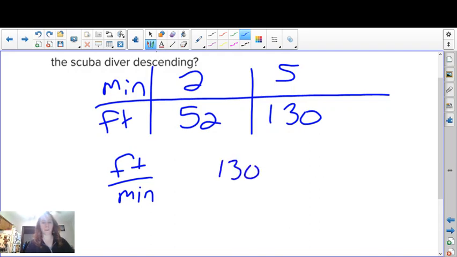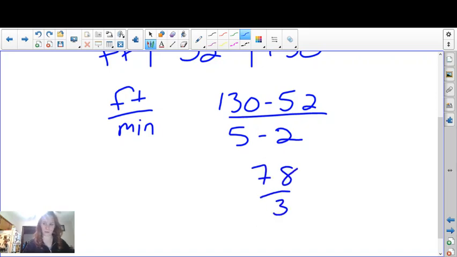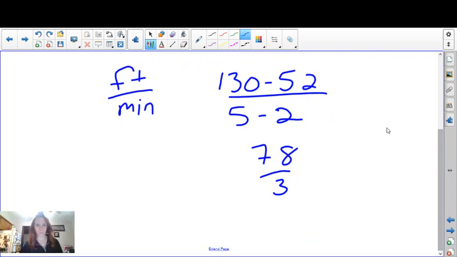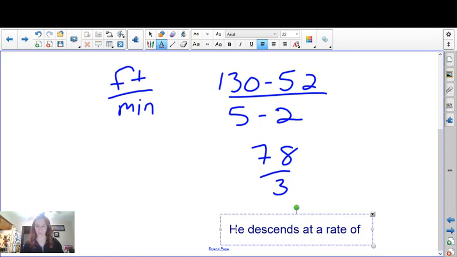So 130 minus 52 over 5 minus 2, which gives me 78 over 3, which is 26. He descends at a rate of 26 feet per minute.